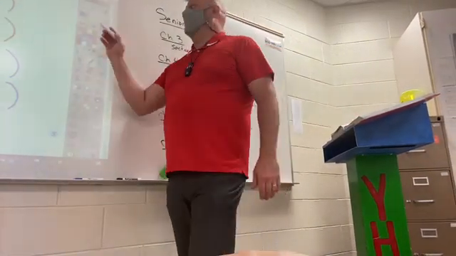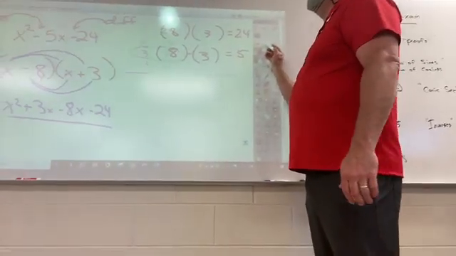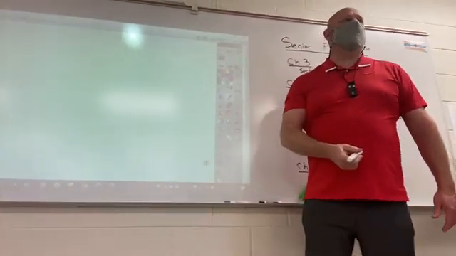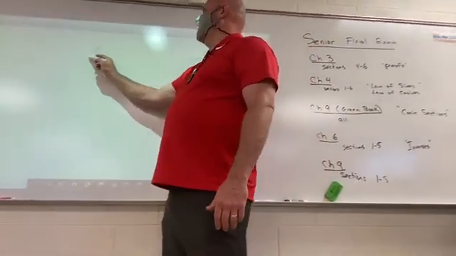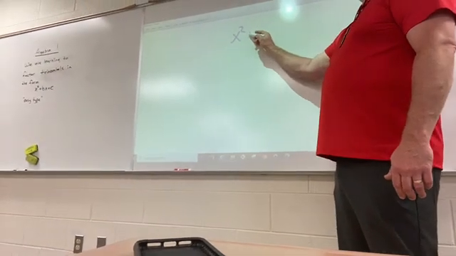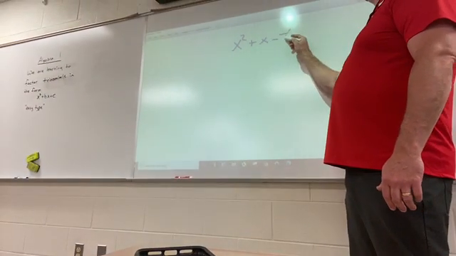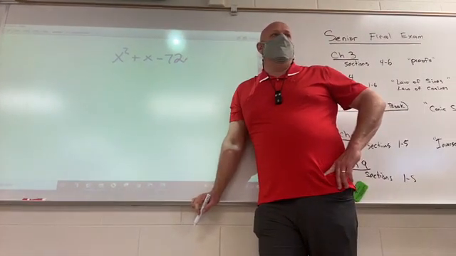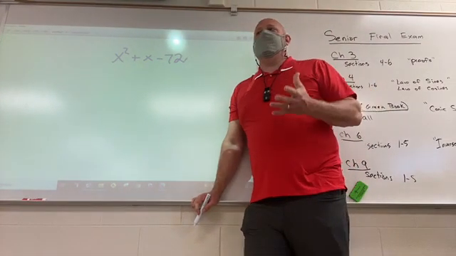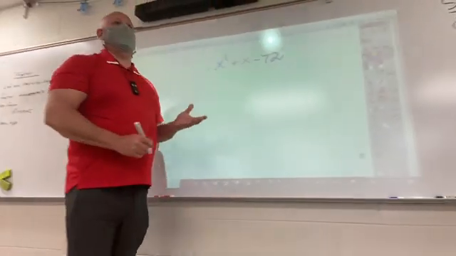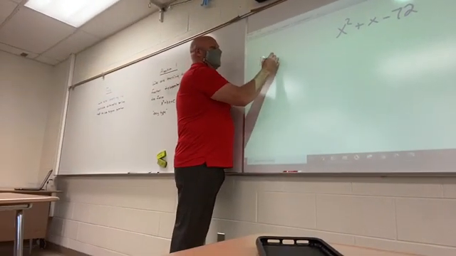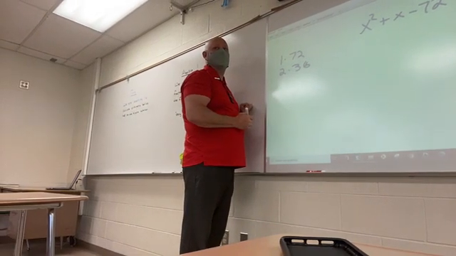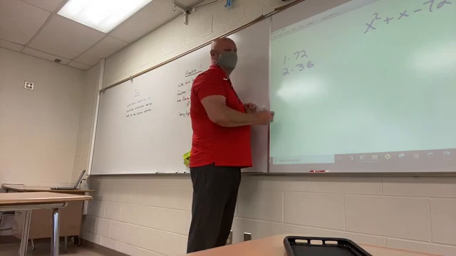When in doubt, write out the numbers. Let's say I gave you x squared plus x minus 72. Oh, 72 is a big number. When in doubt, start writing out the numbers that multiply to 72. 1 times 72. 2 and 36. What'd you say? 8 and 9.